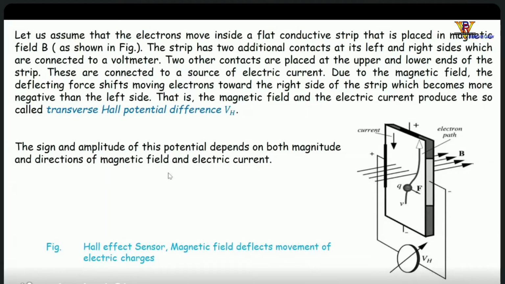The strip has two additional contacts on its left and right sides, which are connected to a voltmeter to see the Hall effect. These two sides are connected to an electric voltage source, and these two sides are connected to a moving coil meter that shows some fluctuation in the electric field.